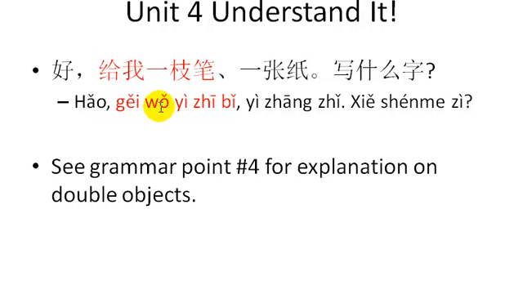Well, in this case, it's a double object. You have the verb 给, the object 我, and then another object, a pen. In Chinese, generally when you have double objects, they just follow each other, one right after the other, without anything else in between them. 给我一支笔. You may want to pause and take a look at that.